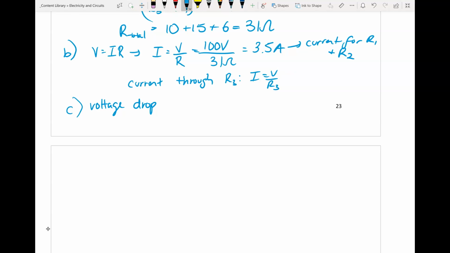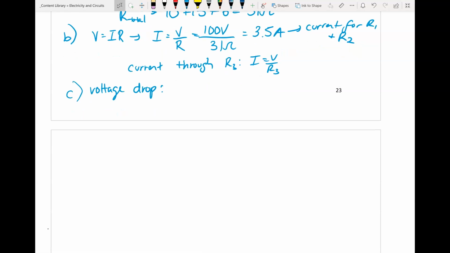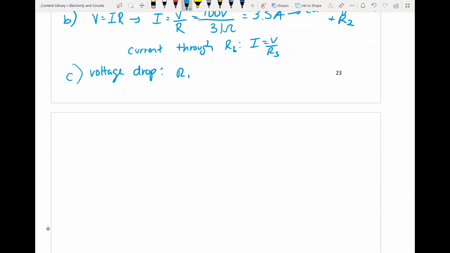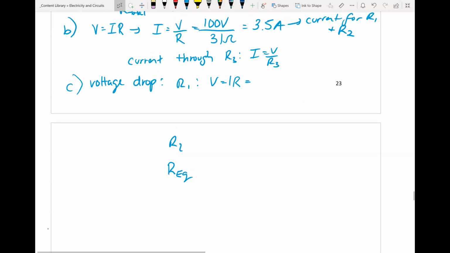Okay, so for the voltage drop, we're going to analyze it as R1, R2, and then our equivalent, because the equivalent is going to include both 3 and 4. So for R1, it's going to be V is equal to I times R. The current we found already in part B is 3.5 amps, and the resistance for 1 is 10 ohms.